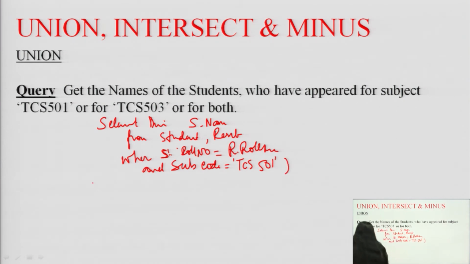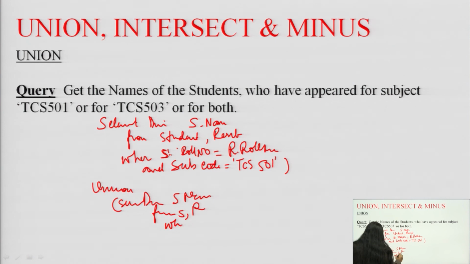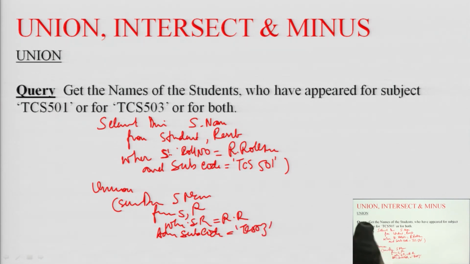Union, again in brackets we write select distinct student name from student comma result, where student dot roll number is equal to result dot roll number, and the subject code is TCS 503. So, what we have done is we have used this union word.